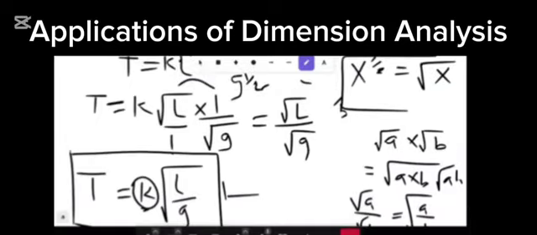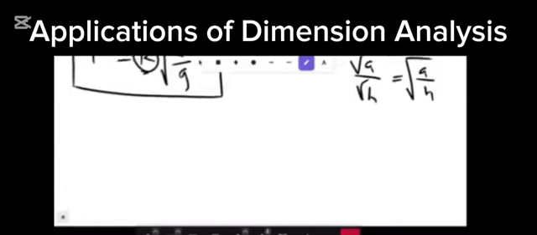The particle starts from rest. Assuming that the distance S covered by a particle starting from rest depends on acceleration, symbolized as A, and then time T, for which the journey elapsed.